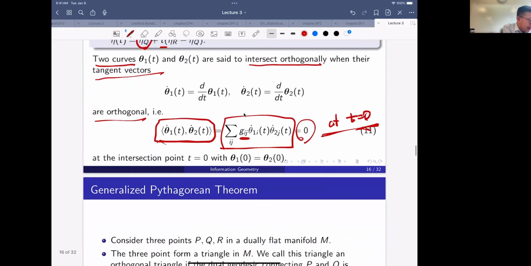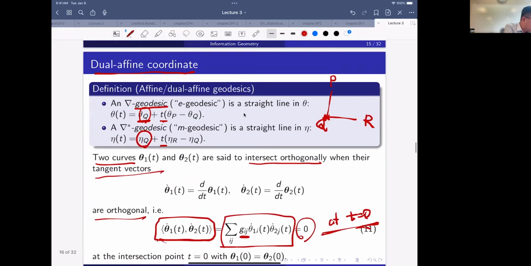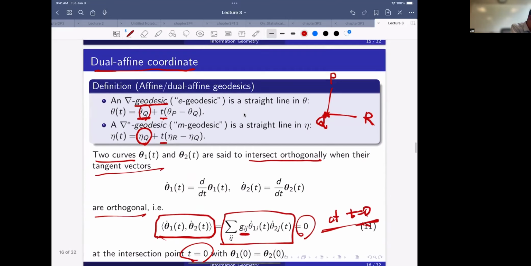Okay, but we want to make sure that these two lines actually intersect at t equals zero, right? Notice that by construction, if we set t equals zero, then this guy is theta q, the other one is eta q. And theta q and eta q represent the same point in different coordinate systems.